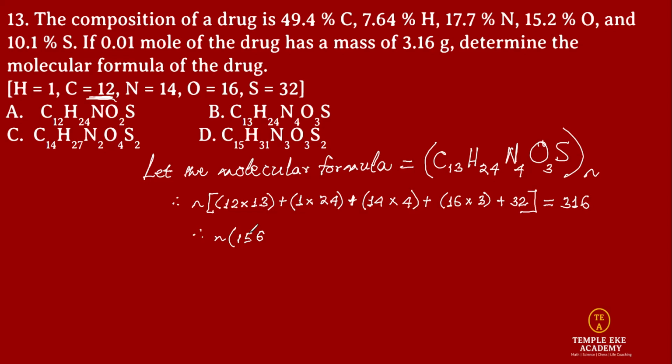So I have that, 156, of course. Plus 1 multiplied by 24 gives us 24. Plus 14 multiplied by 4 gives us 56. Plus 16 multiplied by 3 gives us 48. And plus 32. All of this will give us 316.